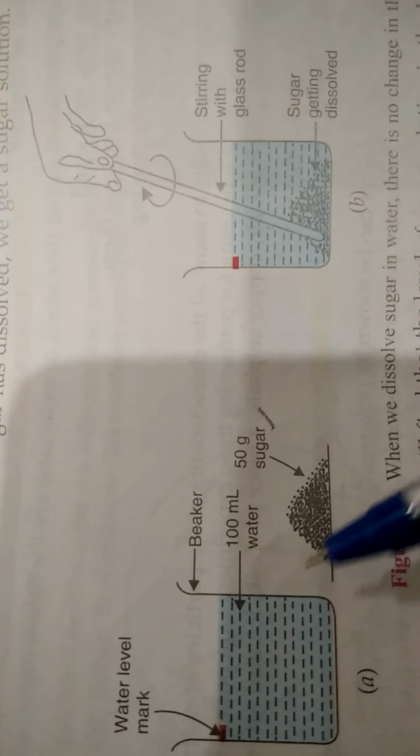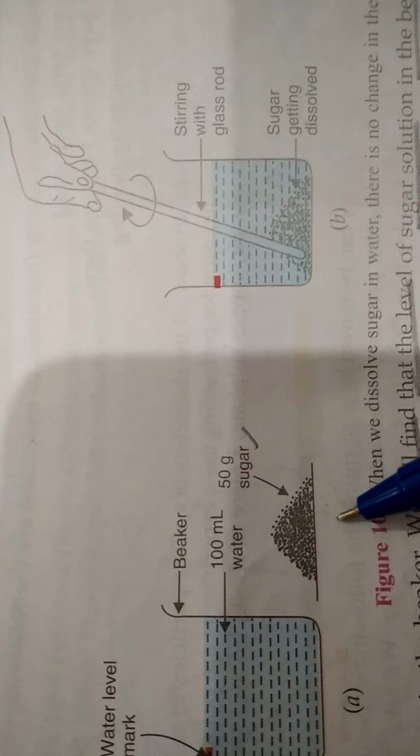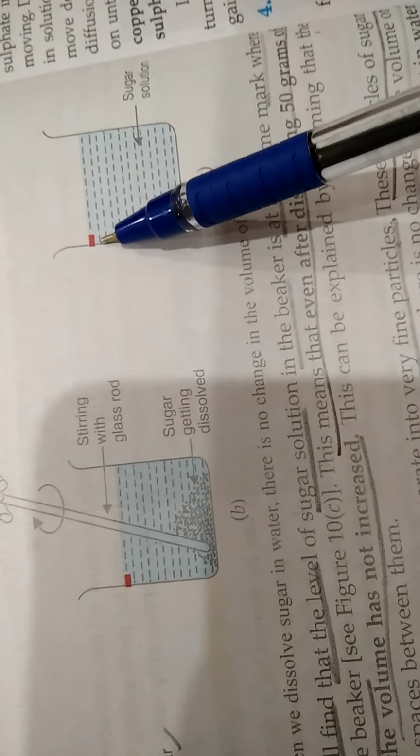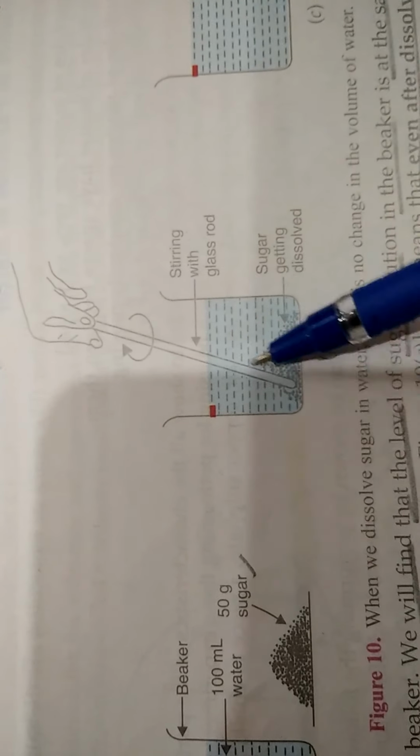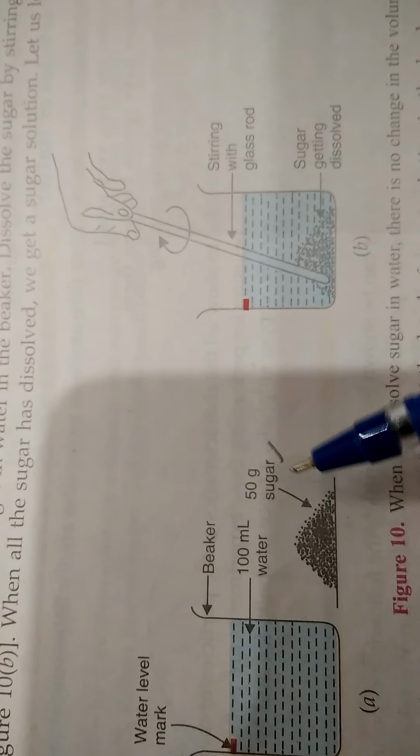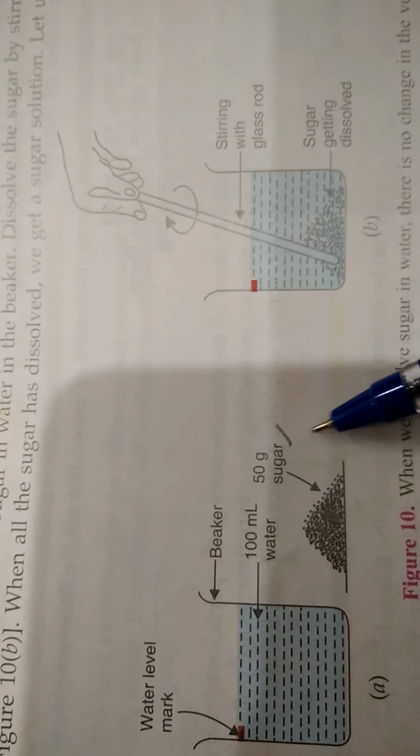Then what will happen? It will take some extra space, and then the level of this mark will cross, or the level will change, right? So this activity clearly shows that the particles of matter have space between them.